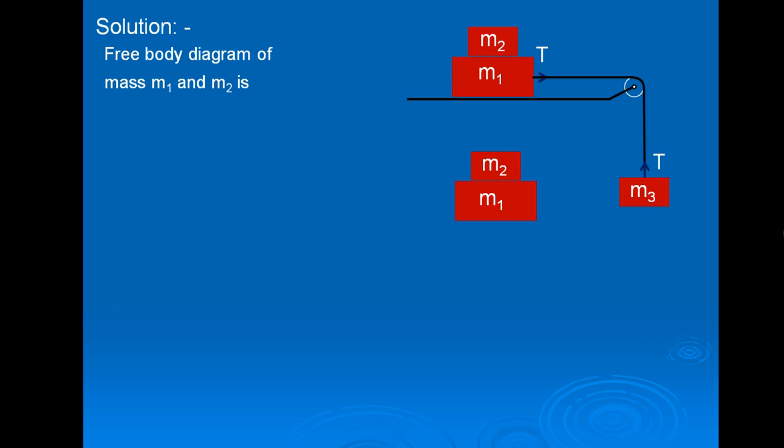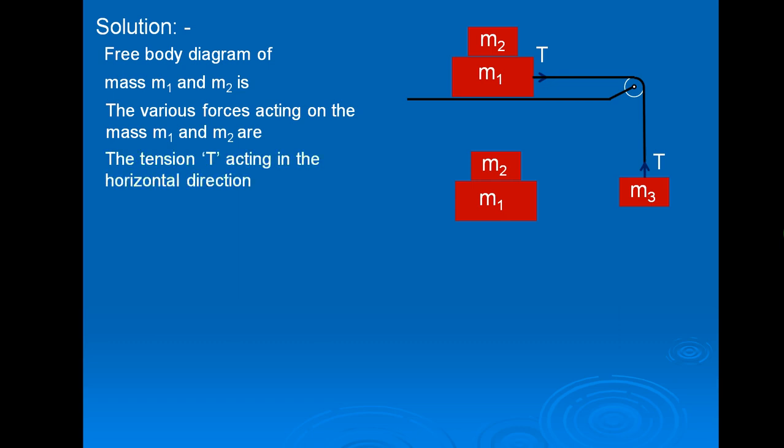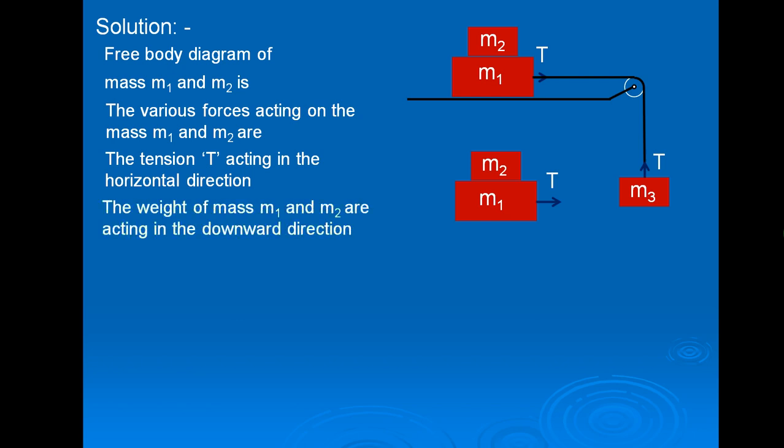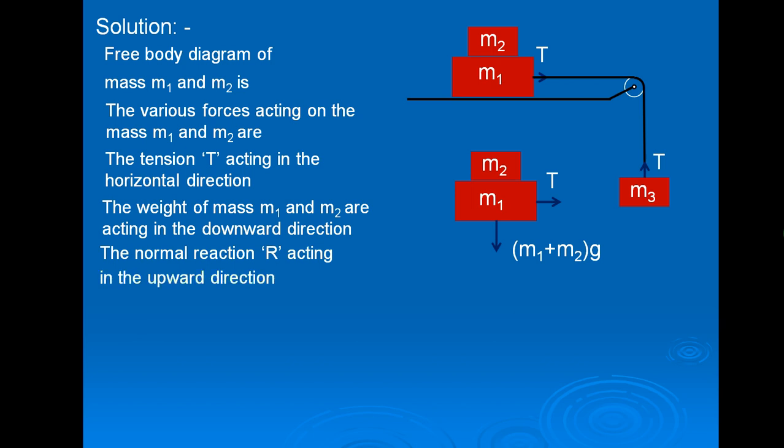The various forces acting on the masses m1 and m2 are the tension capital T acting in the horizontal direction, the weight of masses m1 and m2 acting in the downward direction, that is m1 plus m2 into g, and the normal reaction capital R acting in the upward direction.